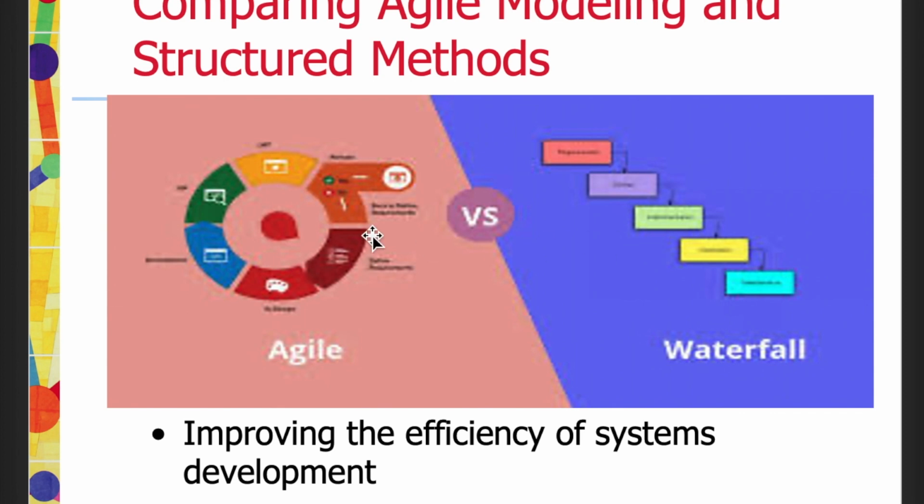However, by developing the system using agile in the circle, you keep rolling the process until you get the most right prototype for the user. So you can consider improving the efficiency of the system development and the risk inherent in organizational innovation.